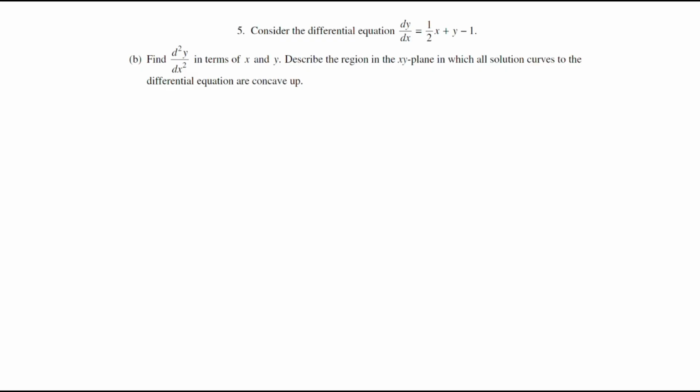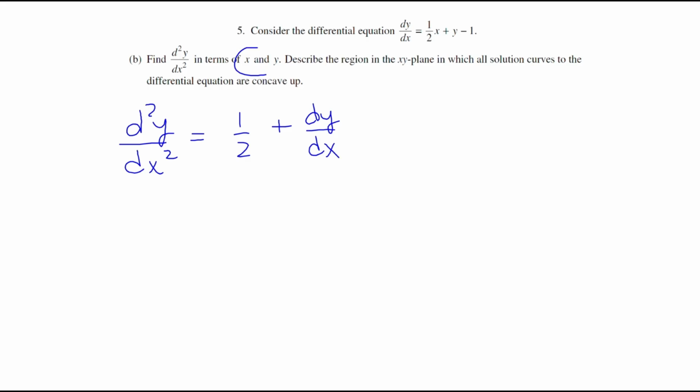In part B, it asks us to find the second derivative in terms of x and y, and then describe some stuff about solution curves for it. So we'll find the second derivative first. Remember that we're doing a derivative with respect to x of our differential equation. The derivative of 1/2 x with respect to x is 1/2. The derivative of y with respect to x is dy dx, and the derivative of negative 1 is just 0.